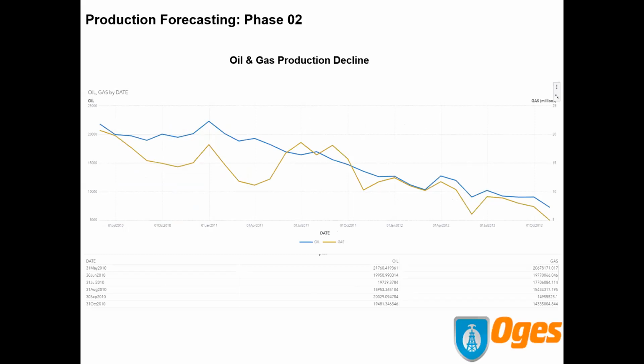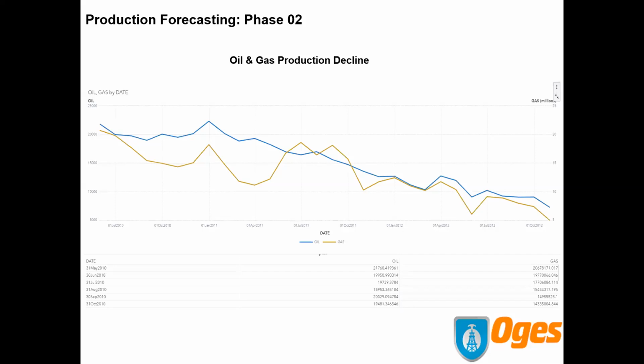This is just really a visualization to show how you can look at oil and gas by date, and it's not an interpretation, it's not a forecast, it's just really trying to get a look and feel and to see if the reservoir production data is non-stationary.